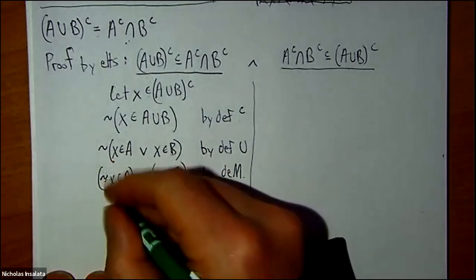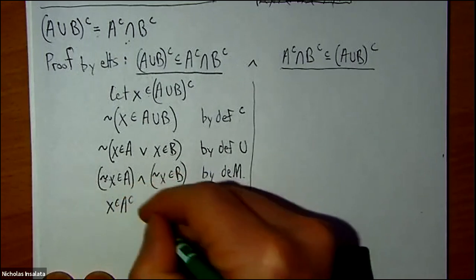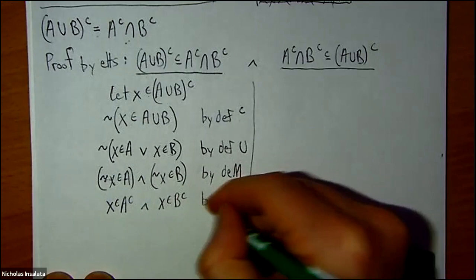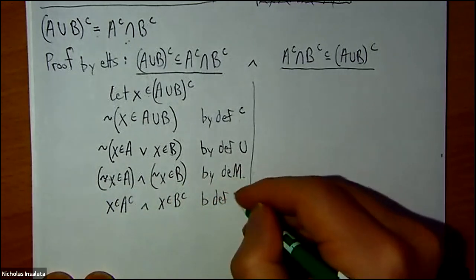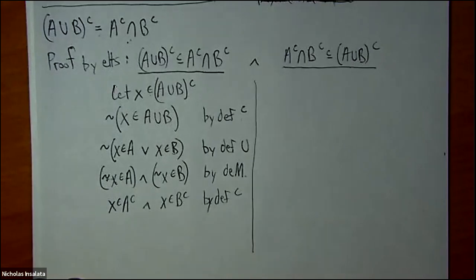Complement, right? x is an element of A complement and x is an element of B complement by definition of complement. Then the "and" is going to transform back into intersection, right?